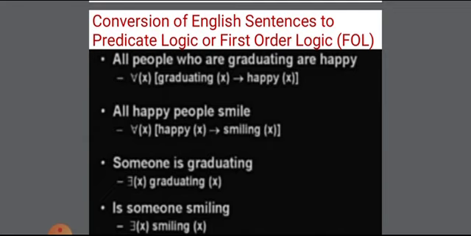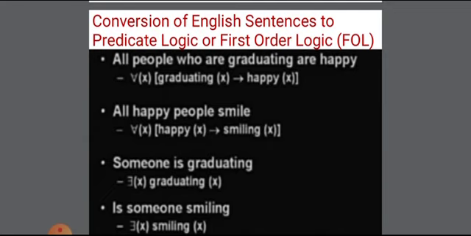The first statement, all people who are graduating are happy, will be written as: for all x, graduating of x implies happy of x. The second sentence, all happy people smile, is represented as: for all x, happy of x implies smiling of x.